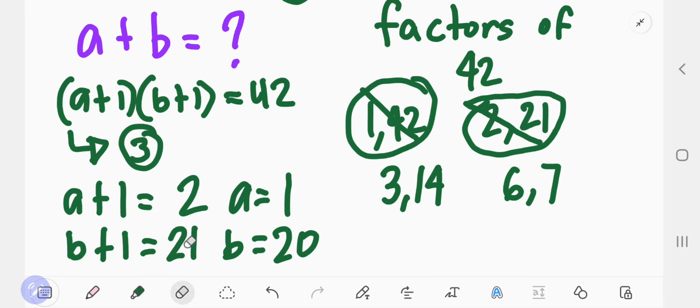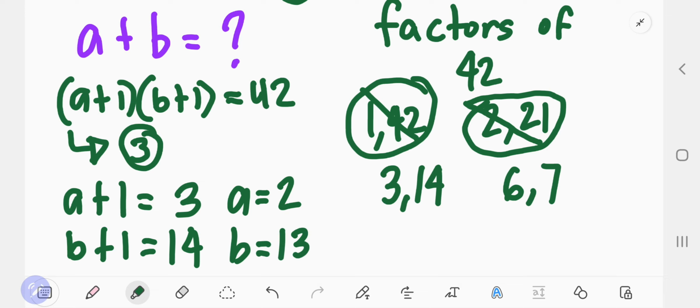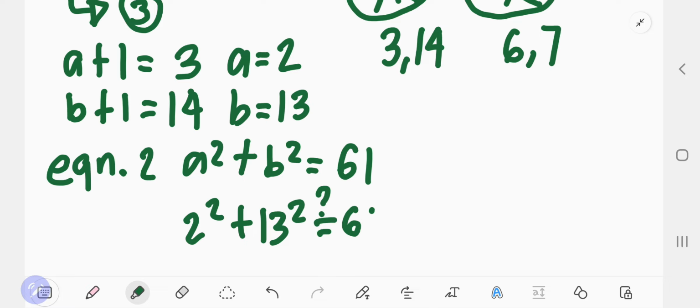Let's try 3 and 14. So we can let a plus 1 equal to 3 and b plus 1 equal to 14. We can subtract 1 from both sides of both equations. So the value of a is equal to 2 and the value of b is 13. We can replace a with 2 and b with 13. Is it equal to 61?